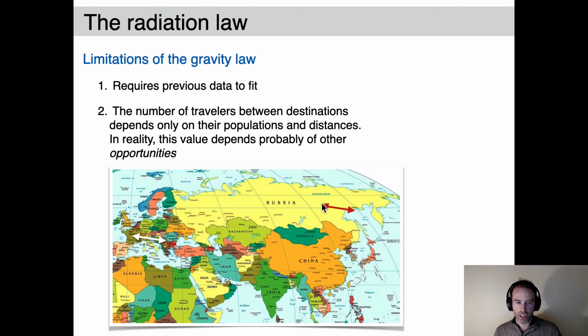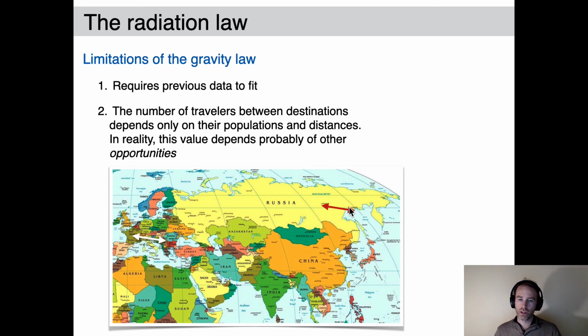So imagine that you have two cities at a given distance delta, and here you have two cities at distance delta. And let's imagine that these cities have approximately the same population.